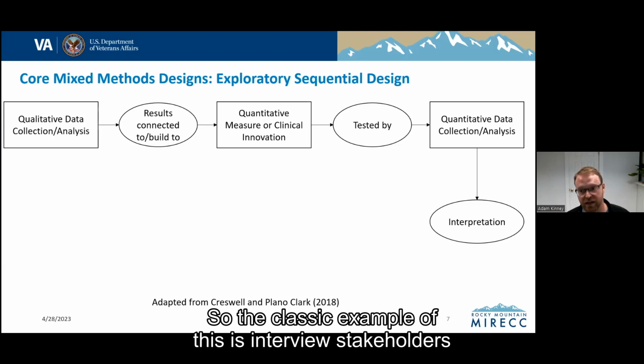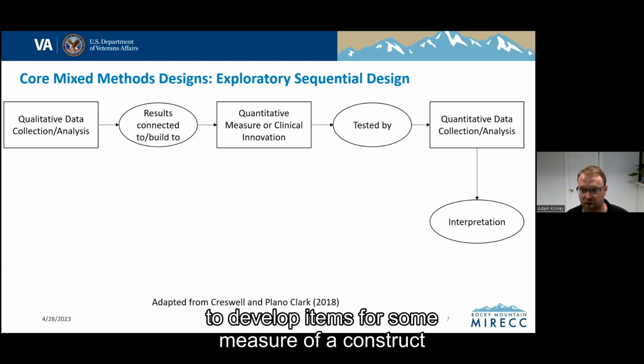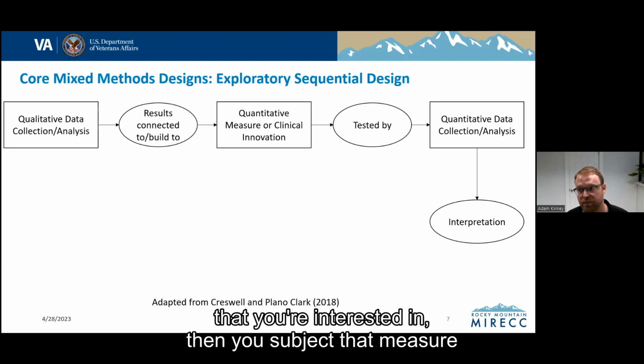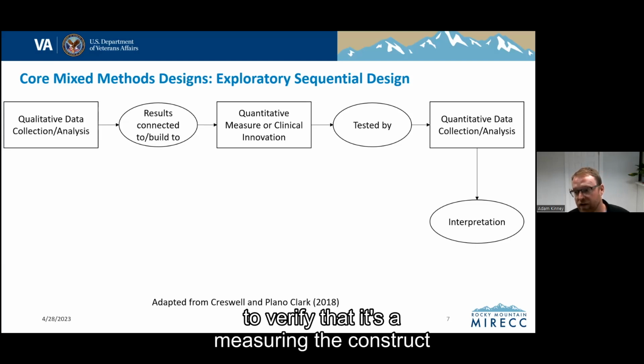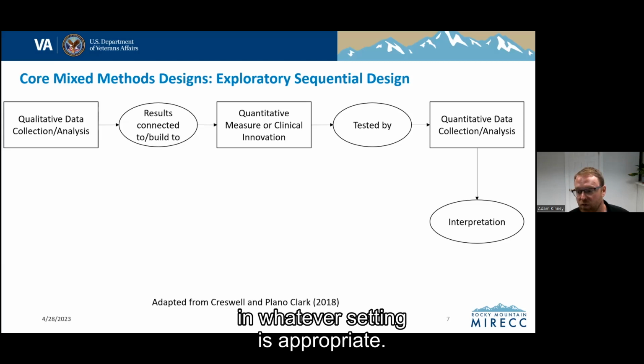So the classic example of this is you interview stakeholders to develop items for some measure of a construct that you're interested in. Then you subject that measure to rigorous psychometric evaluation to verify that it's measuring the construct that you want it to, and then implement it in whatever setting is appropriate.